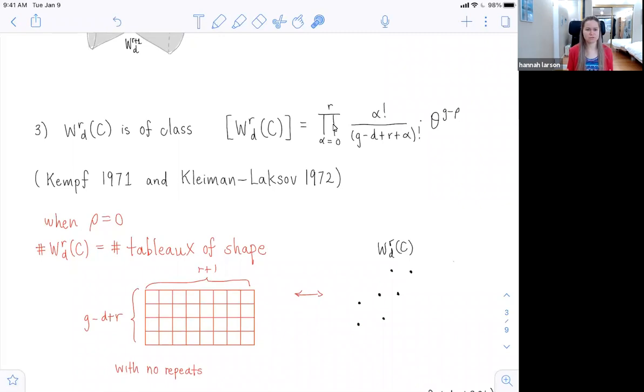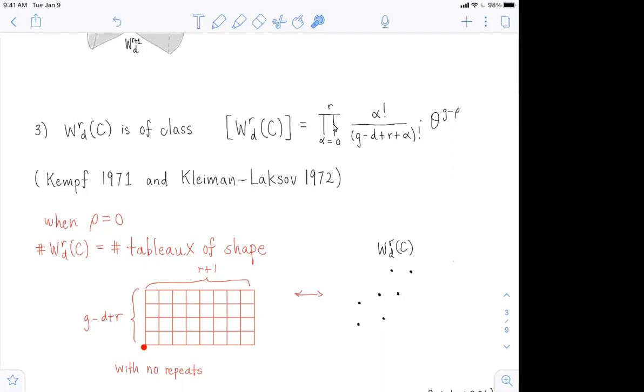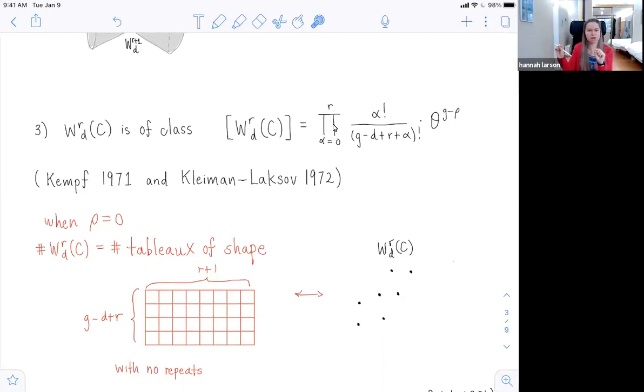One nice combinatorial interpretation of this number is that it's the number of ways of filling a tableau that is R+1 by g minus d plus R, so that it's increasing along rows and down columns, and I never repeat a symbol from 1 to g.